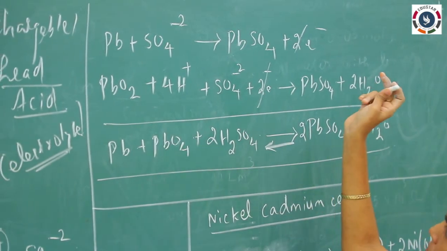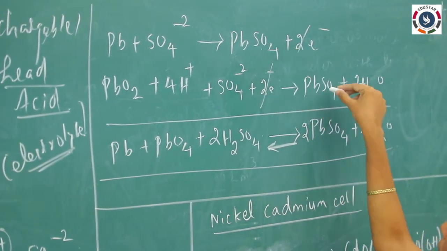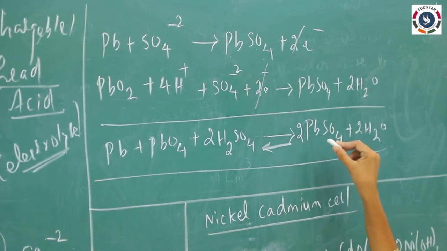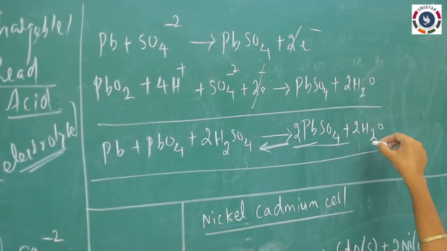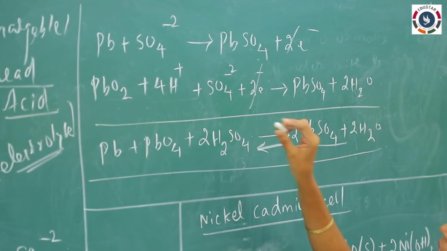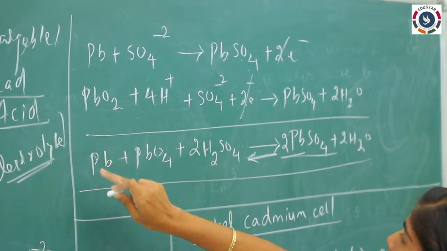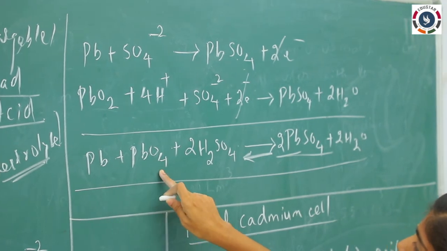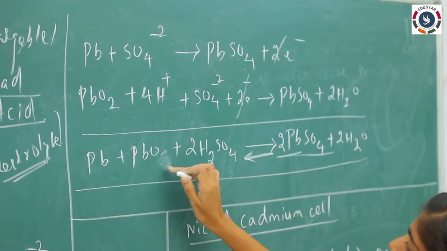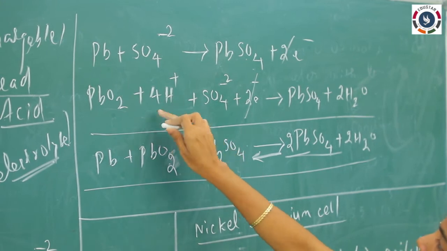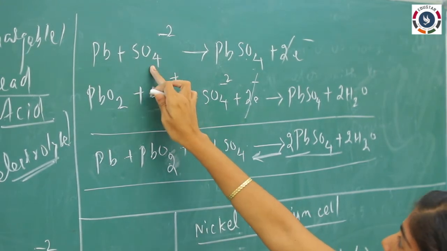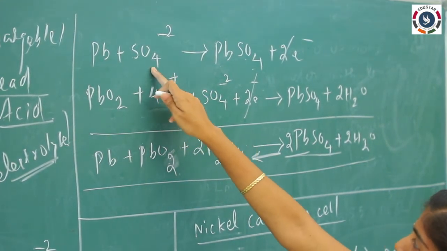Then 2 PbSO4 there in the product side. So, I am writing 2 PbSO4, 2 water, written these things, Pb plus PbO2 plus 4H plus into SO4, there are 2 SO4, right, 2 sulfate ions.